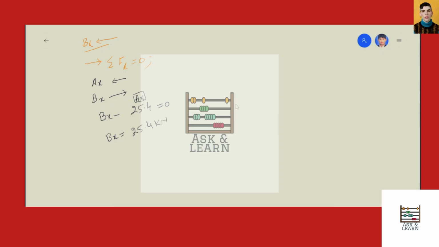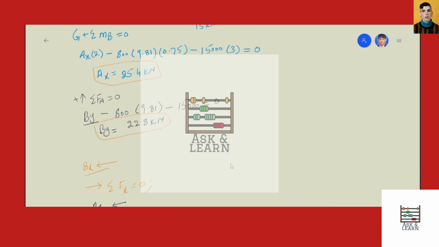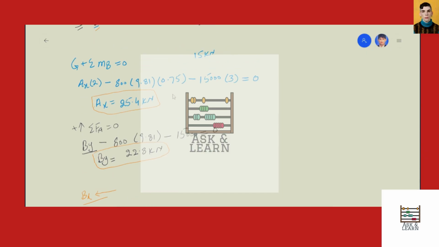This is the second force, which is Bx. So this is the Bx reaction force, and this is the Ax reaction force. These two are the answers.